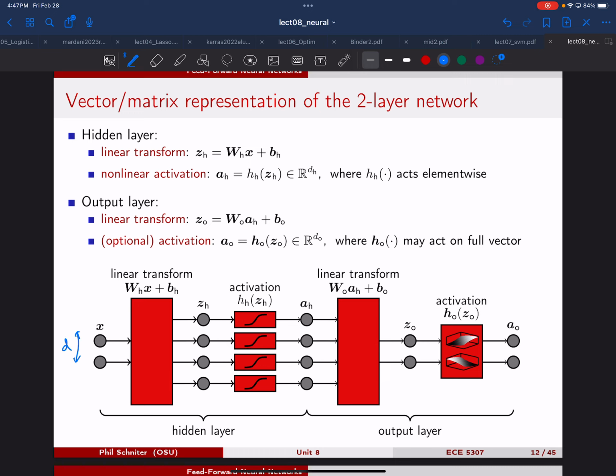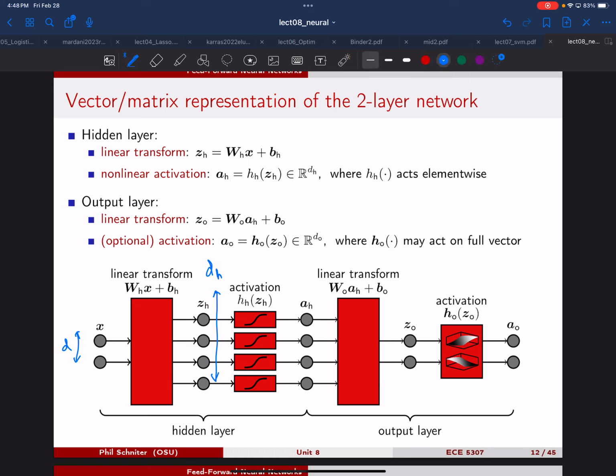And then over here, we're going to use DH different transformed features. H is going to be used for hidden layer. So D raw features, DH.